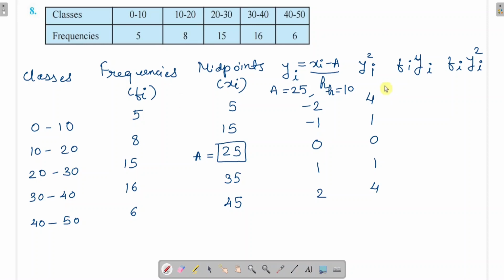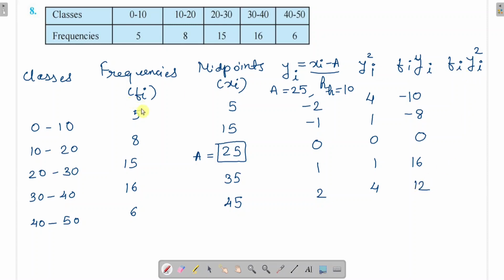Now fi yi: 5 times minus 2 is minus 10, 8 times minus 1 is minus 8, 15 times 0 is 0, then 16 times 1 is 16, 6 times 2 is 12.